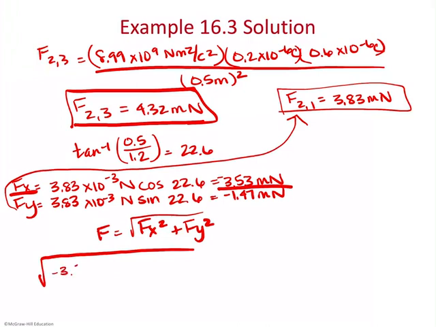So you've got negative 3.53 millinewtons squared. Plus, you have your y values now. So you had this one, which was negative 1.47 millinewtons, plus, and you have this one.